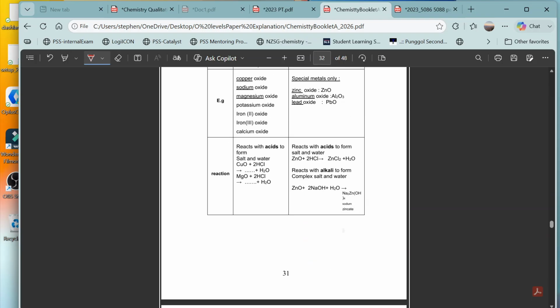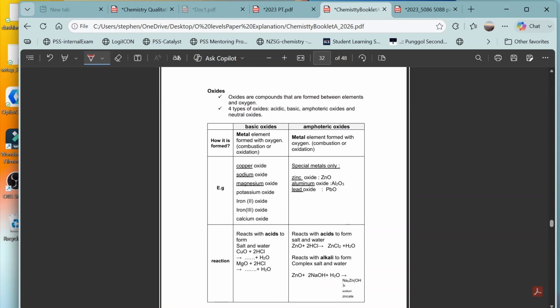Similarly, the amphoteric oxides are metallic oxides. So how do you differentiate between basic and amphoteric? Again, you do the simple one. You only memorize this: zinc, aluminium, and lead oxide are amphoteric oxides. The rest are all basic oxides.